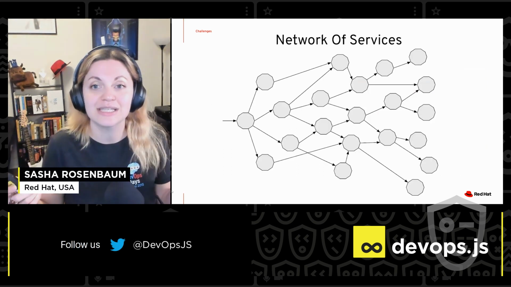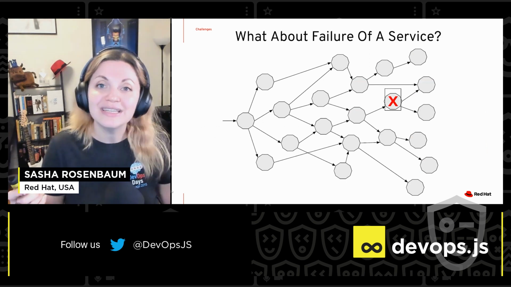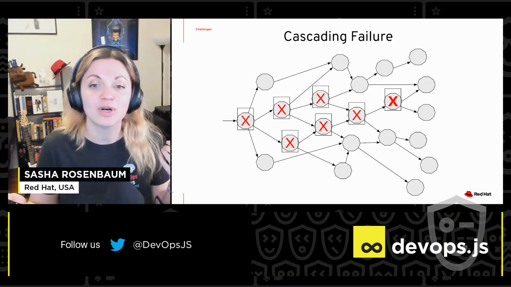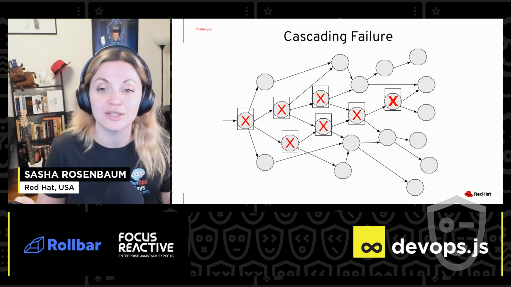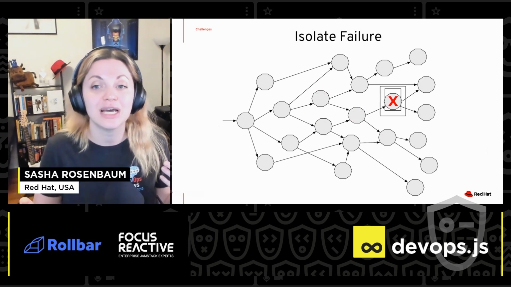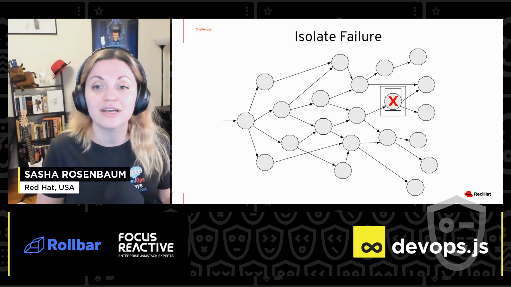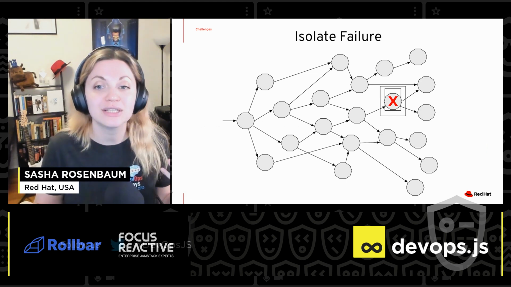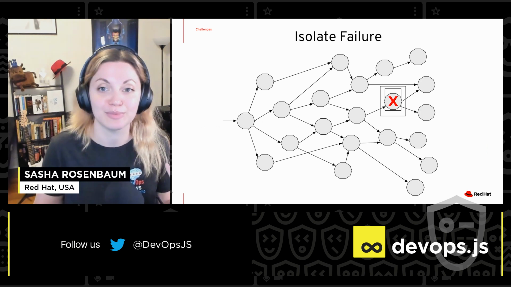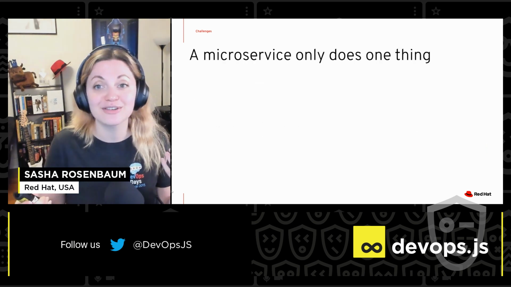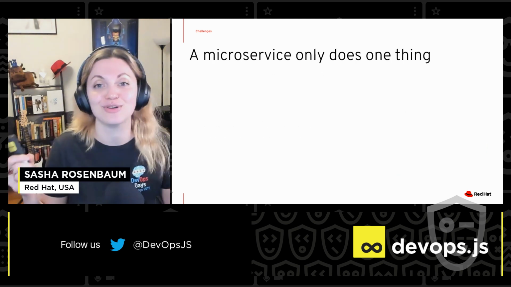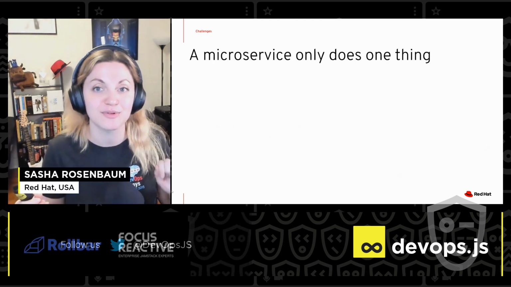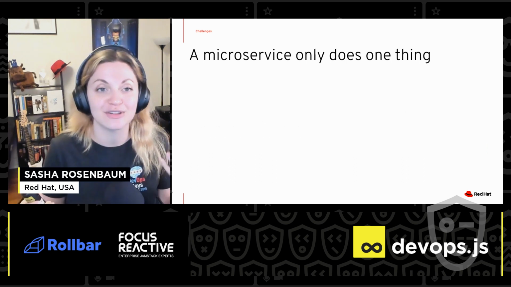The other thing is it's a network. And so when there's a failure in a network, it can create cascading failure across the entire network, which can be a huge problem. So you need to handle that. You need to be able to isolate a failure. And that can be hard, and that can require additional implementation. And so it's a common saying that a microservice can only do one thing, right? You're only doing a microservice if it's responsible for a single business logic thing.